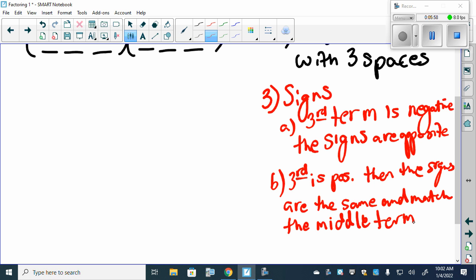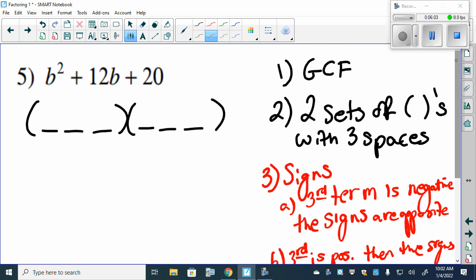Okay. I decided to write that on the whiteboard so that we can actually read it a little bit easier. So when we look at this, we have b squared plus 12b plus 20. The sign of the third term is positive or negative? Positive, so it's telling us that the signs are the same and they match the sign of the middle term, so the sign in both of these is going to be positive and positive.